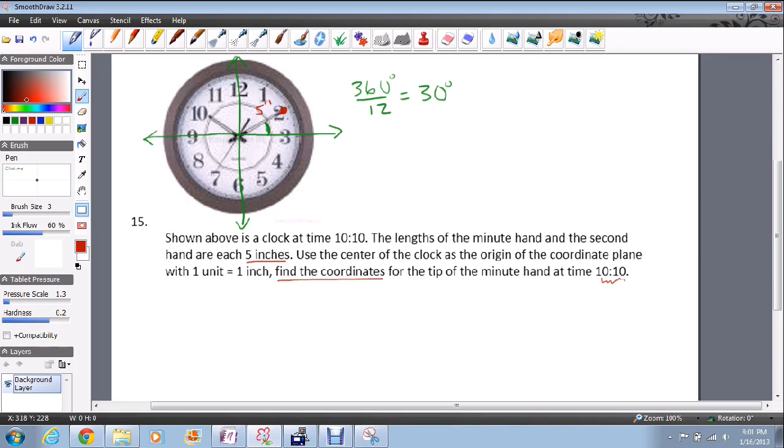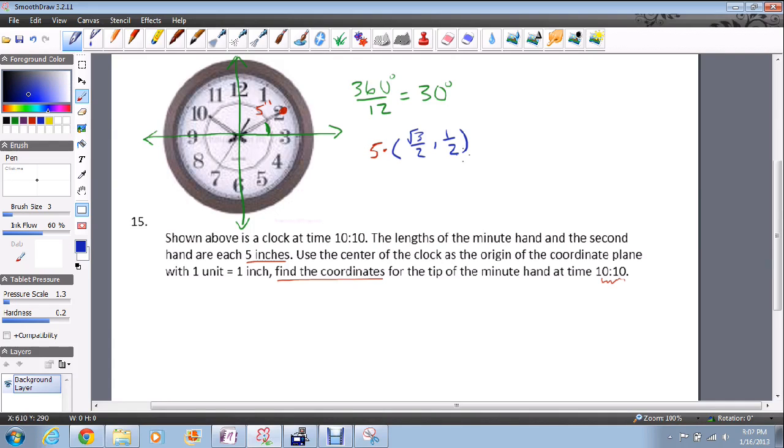So, if this is a regular old unit circle, I know what the coordinate of 30 degrees is. The coordinate of 30 degrees is just square root of 3 over 2 and positive 1/2. But, again, they tell us that the length of the hand is 5, so we have to multiply both of these values by 5.